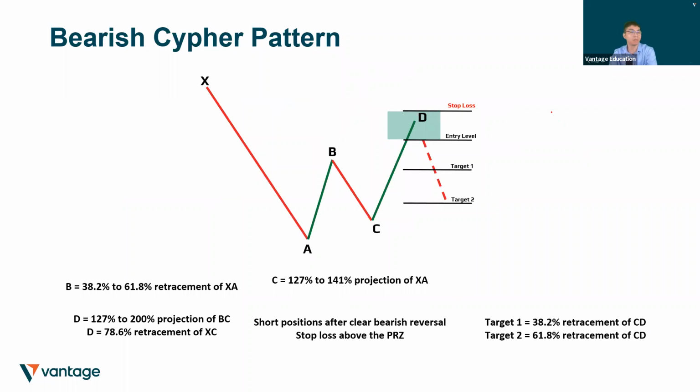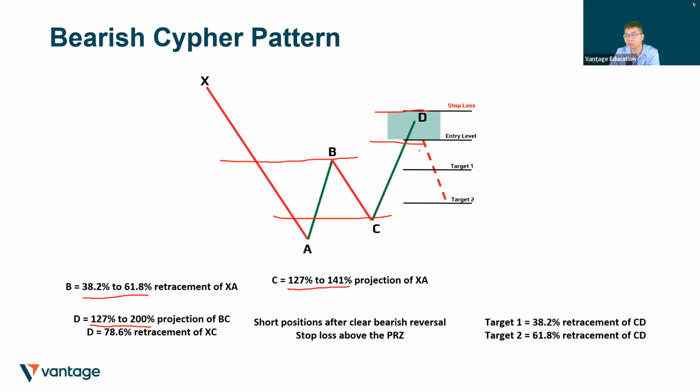So this is the bearish cipher pattern. I think this is the second last pattern, the bearish cipher pattern. B is at 38.2% to 61.8% retracements of XA, with C being 127% to 141% projection of XA, and D, this area right here, 127% to 200% projection of BC.